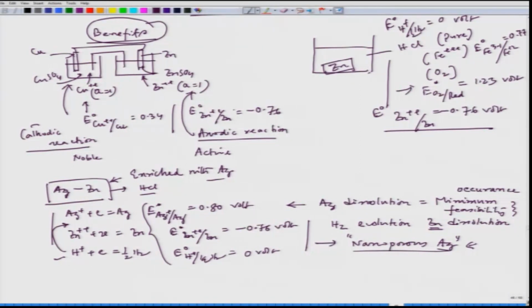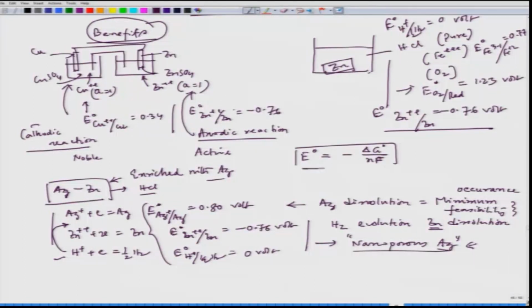Of course, quantification is difficult. We cannot say how much zinc would dissolve by looking at the standard reduction potential. For that we need to get into the kinetics part. But from the thermodynamic concept, because E0 is a thermodynamic quantity, why is E0 a thermodynamic quantity? Because E0 equals minus delta G0 by nF.